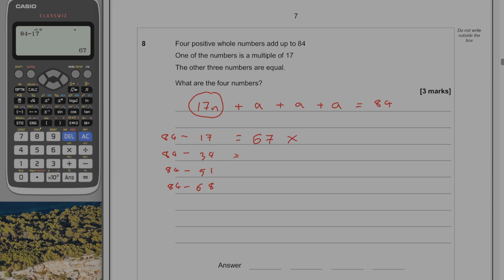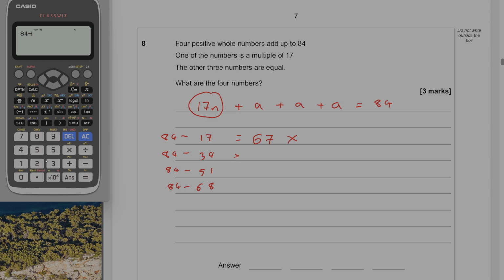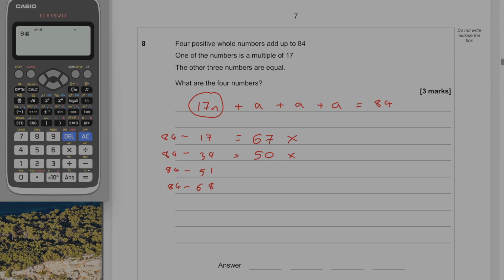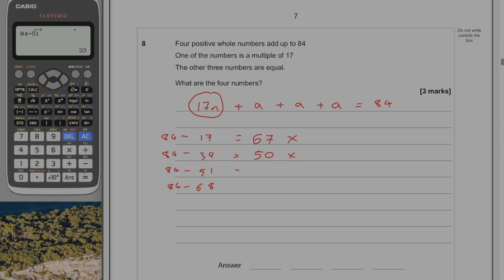My next one then, 84 take away 34 is 50, which again is not a multiple of 3, so it can't be that one. Then 84 minus 51 is 33, and that would be a multiple of 3.